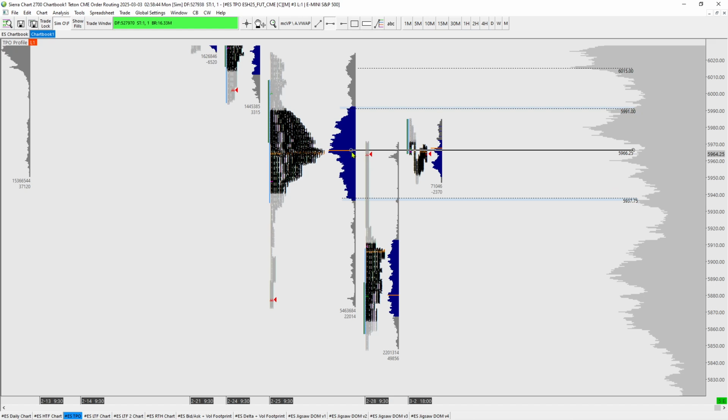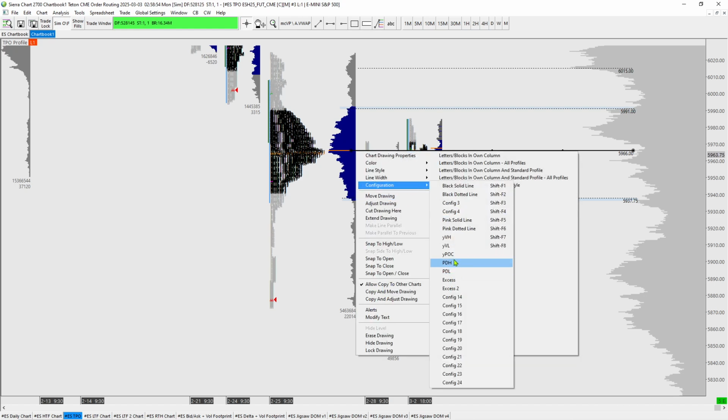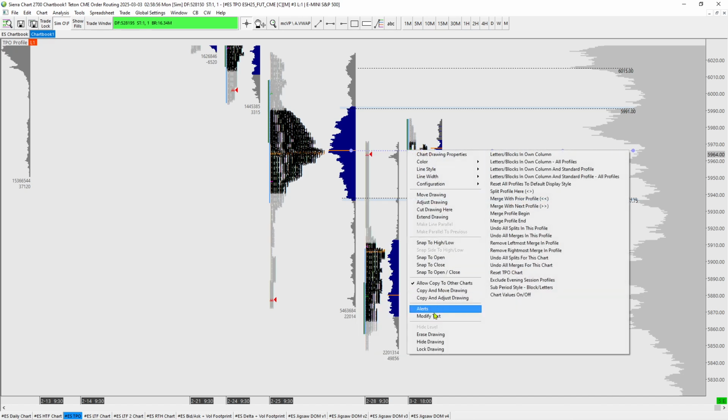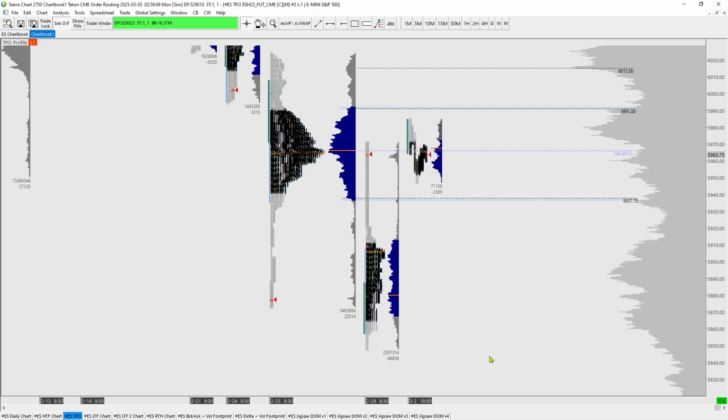It's something that they'll program into their algos. So I like to mark that off if it's at a relevant balance level. Let's call it 3-day balance POC, 3-day balance point of control.